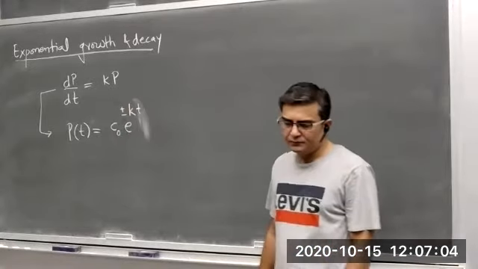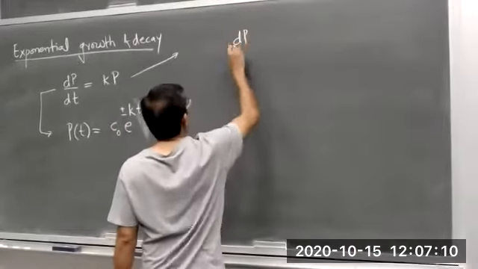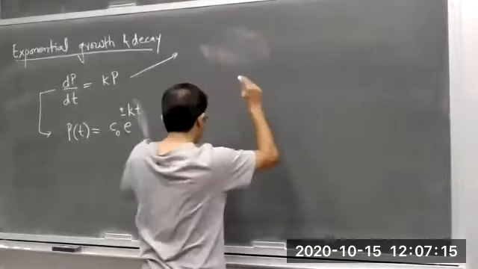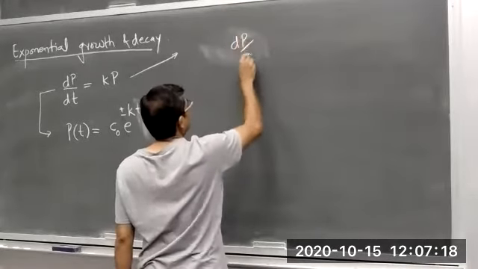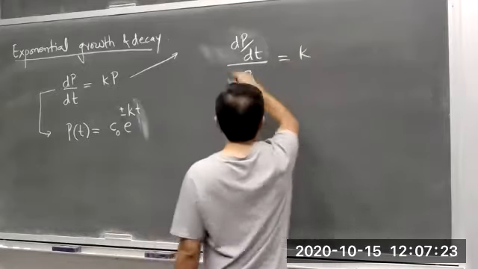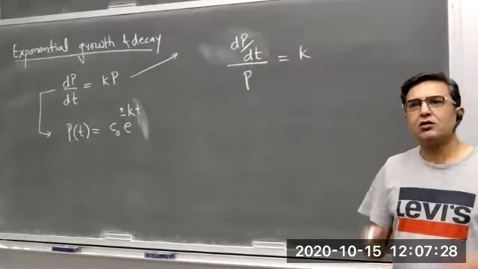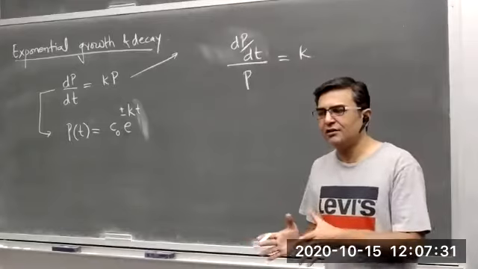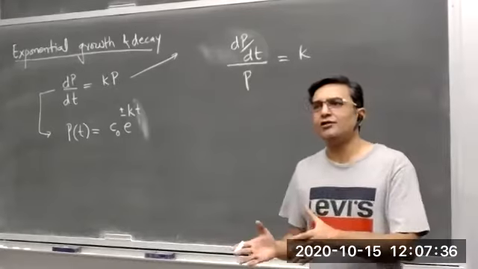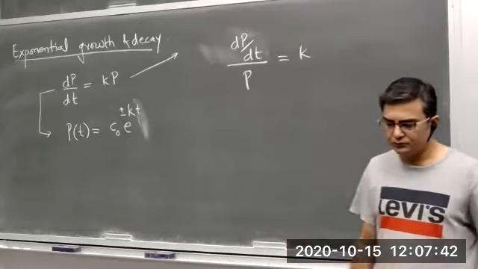In that case, we can write this differential equation as dp by dt divided by p is k. So this population growth rate is not always constant under certain conditions, because sometimes the environment also exerts certain restrictions on a population's growth.